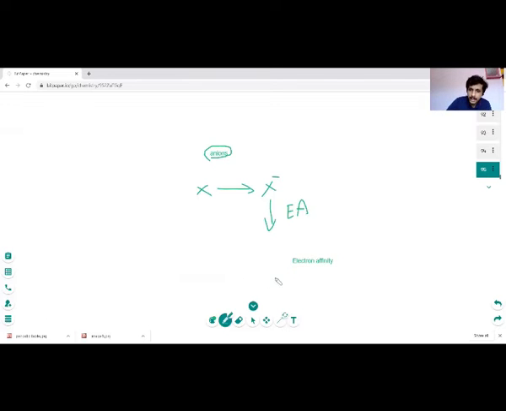What is electron affinity? The energy released when an electron is added to the outermost orbital of a gaseous atom. See, in the name itself there are two words, electron and affinity. Affinity towards electron, love towards electron, is the electron affinity. How much it wants to take the electron, that much energy is released. That is the electron affinity.